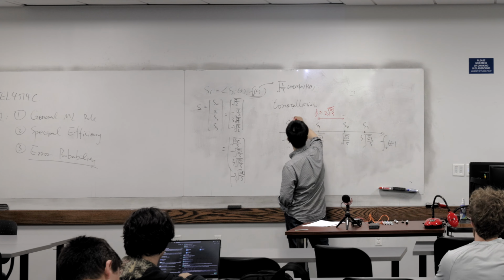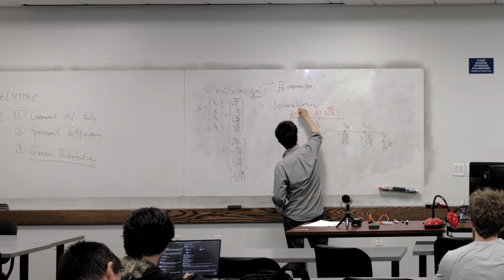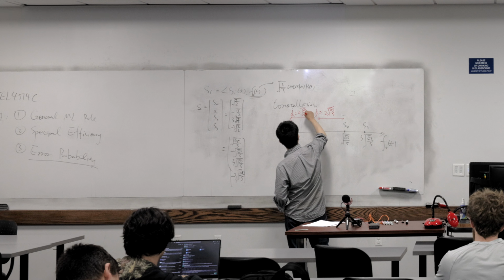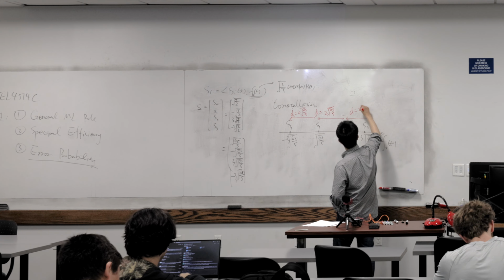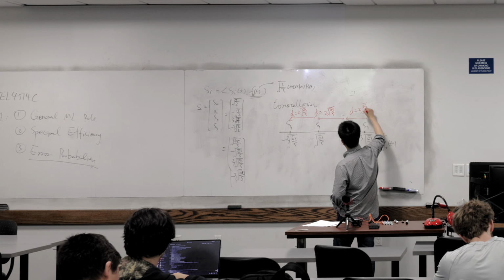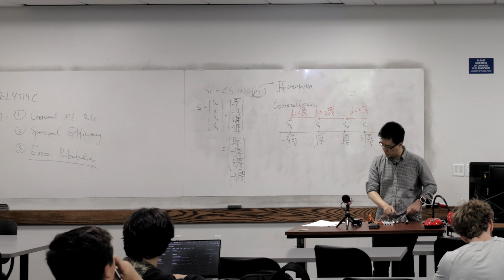This distance is the same, so that is also 2 times square root of Es over 5. Similarly, this distance will be the same, which is nice. So it's pretty uniformly distributed.